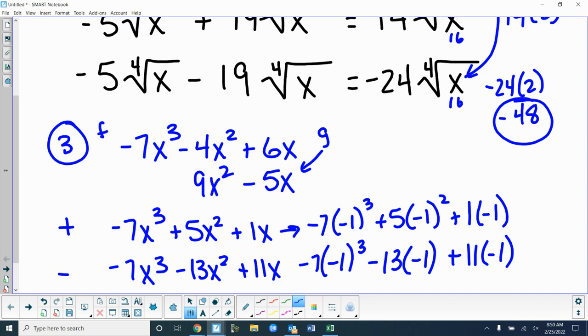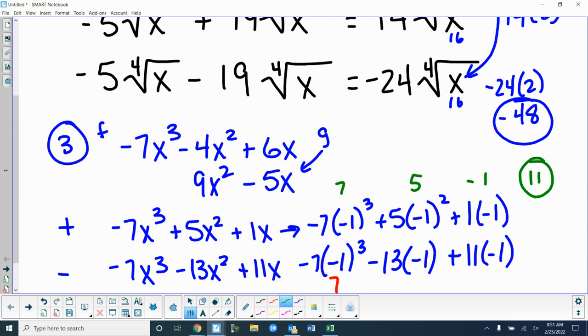So those are the two problems we have to do then. So negative 1 cubed is negative 1 times negative 7 is positive 7. Negative 1 squared is positive 1 times 5 is positive 5. And 1 times negative 1 is negative 1. So 7 plus 5 is 12 minus 1 is 11.